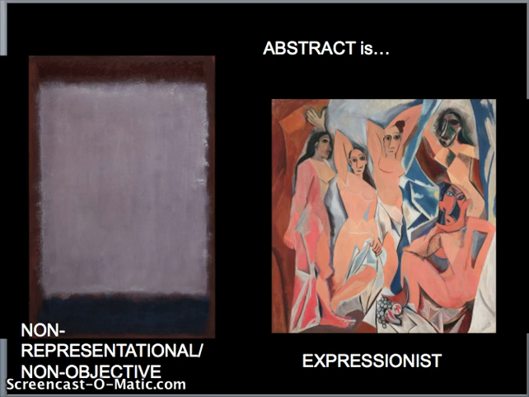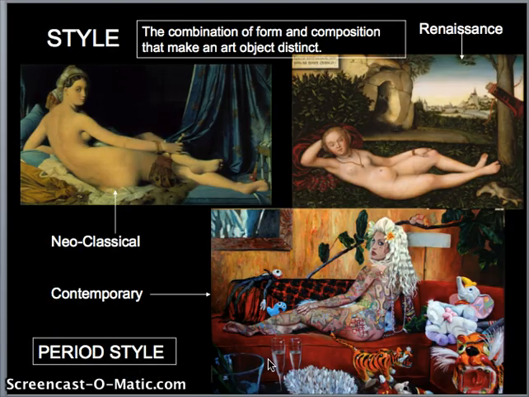So when discussing a mode of representation, we're also talking about the style of an art object. Style is what makes the work distinct. How has the artist combined form and composition to make his work look a certain way? Oftentimes we're looking at these periods, right?